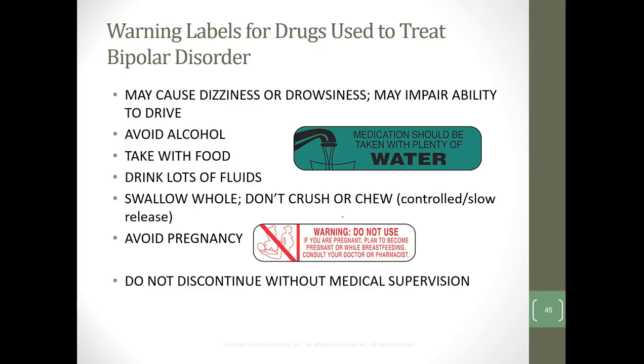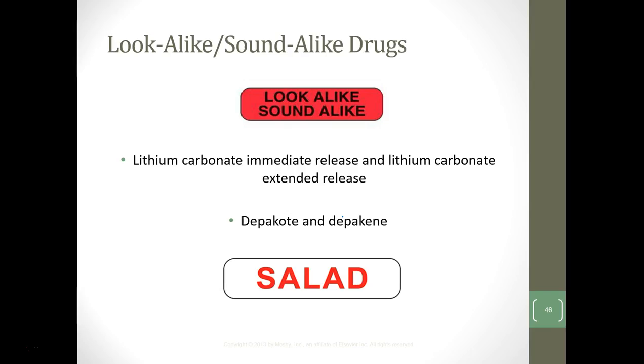There is kind of an exception with that. Tegretol actually has a chewable tablet, so it's meant to be chewed. Avoid pregnancy. Again, these drugs to treat bipolar disorder are generally category D pregnancy risk, and they should not discontinue without being followed by the physician.